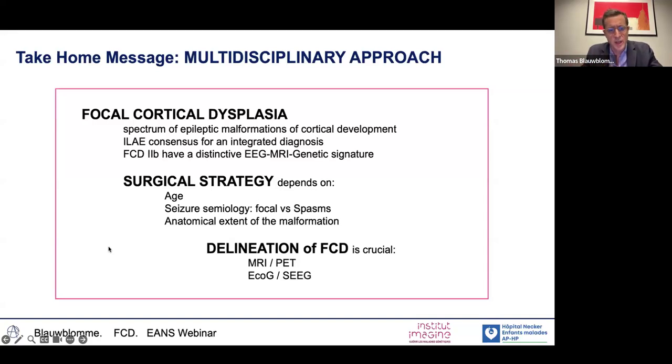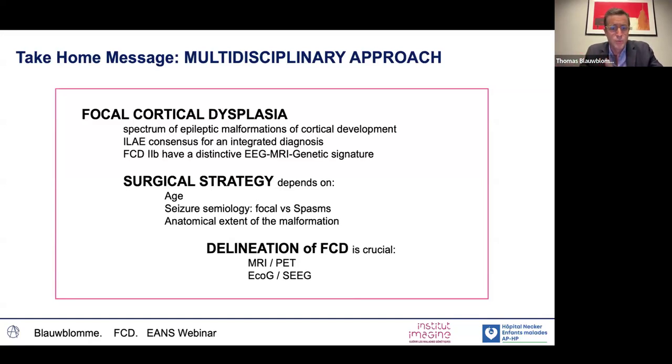The only subtype that has a really distinctive EEG, MRI, genetic signature is the FCD type 2B, and these are the ones that have the best surgical results. There are also the MOG that have emerged recently, but they are more rare and less characteristic in their presentation. The surgical strategy will depend on the age of the patient, the seizure semiology, and the anatomical extent of the malformation.